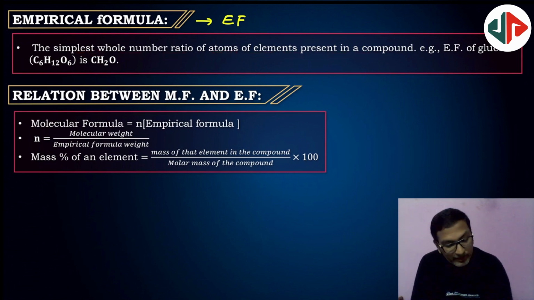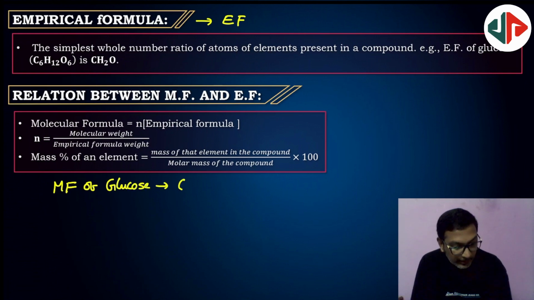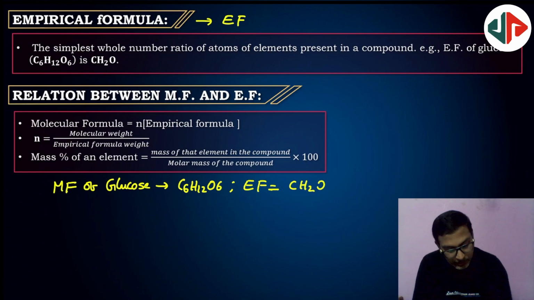For example, the molecular formula of glucose is C6H12O6. Therefore, the empirical formula becomes the simplest ratio of atoms, CH2O.